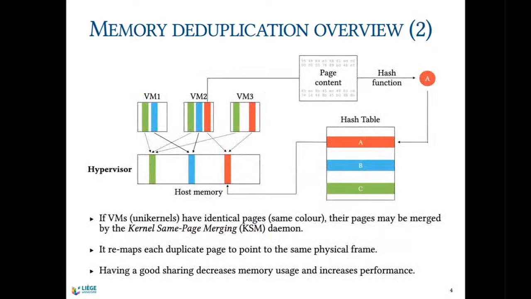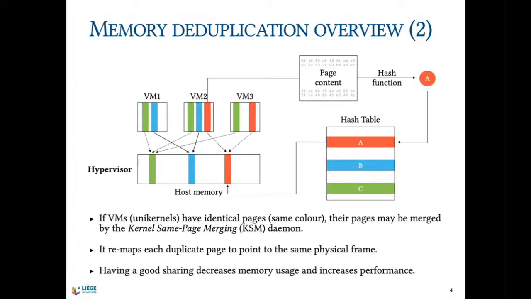The question now is, how does memory deduplication work? It is quite simple too. Basically, a daemon process performs periodic memory scans of each virtual machine, and then it will merge identical pages that will be mapped to the same single frame. In order to establish this comparison, the underlying daemon will perform some hashing of guest memory pages, and then it will compare the different hashes in order to find a matching one.